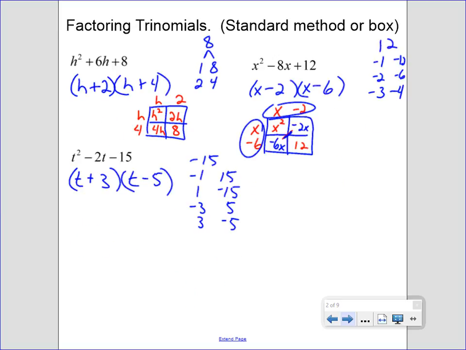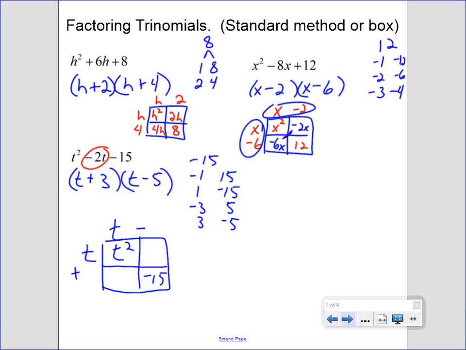Again, you could have looked at this with a box as well. You'd have a t squared here and a negative 15 here. And if you had to ask yourself what two things again multiply together to give you t squared, that would be a t and a t. How did I get a negative 15? Well, one would have to be a positive, one would have to be a negative. Then you're just trying to figure out what two numbers multiply together to give you 15, but add up to a negative 2.